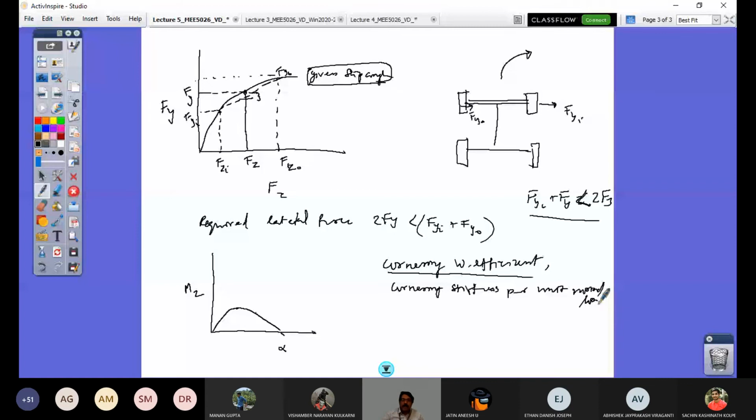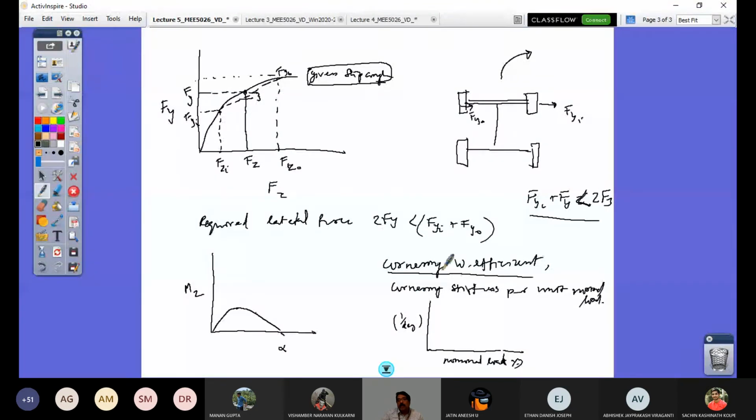So this definition helps us to look at, if I take the nominal load percentage here on the x-axis, this coefficient, which is given in units of 1 by degree, because Newton per degree is cornering stiffness.